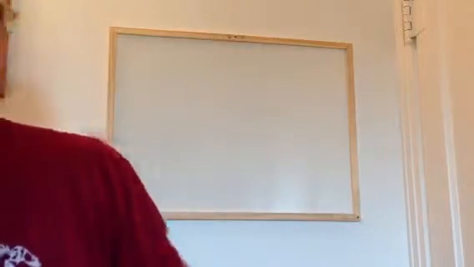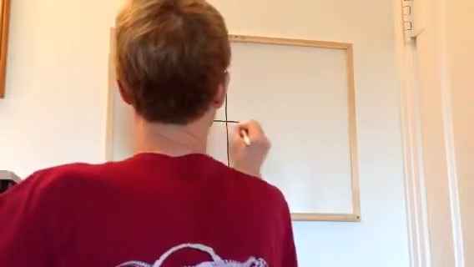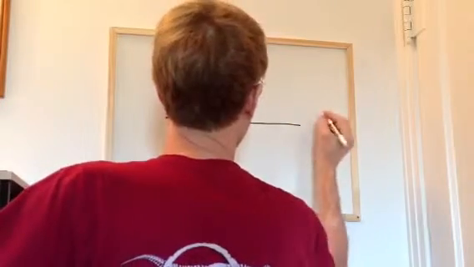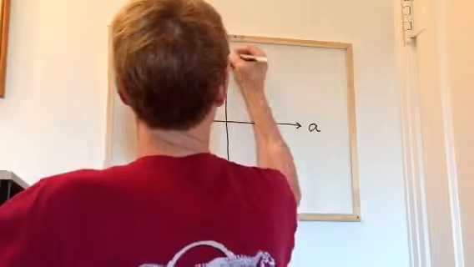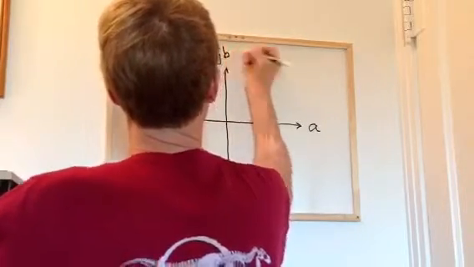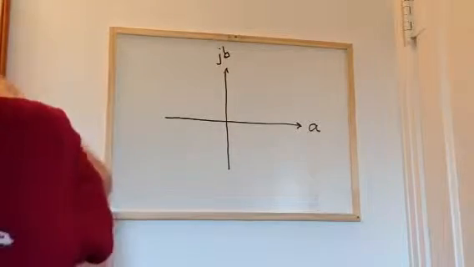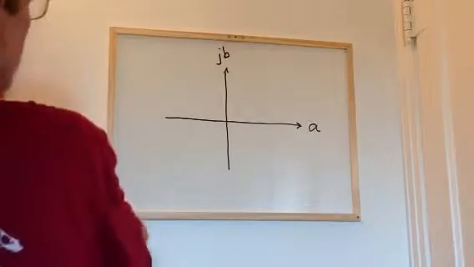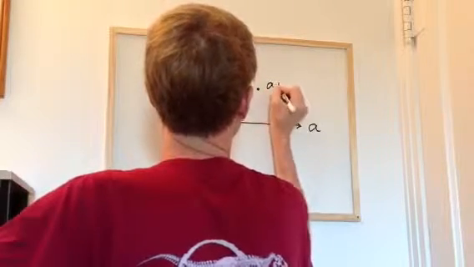Let's look at this situation in a coordinate plane where we have the real number axis here and the imaginary number axis here. You remember how that works, how we can have a vector. Let's suppose we have A plus jB here.